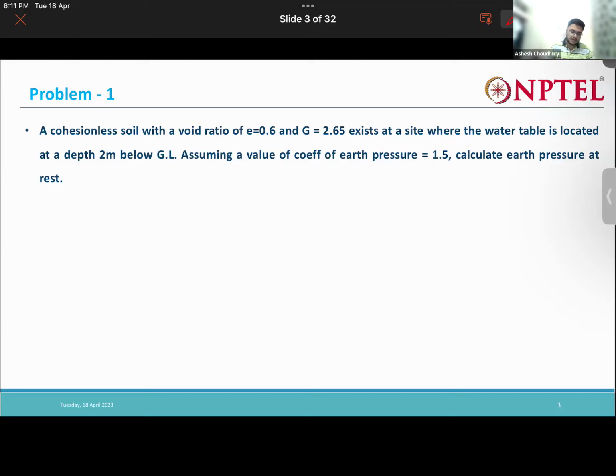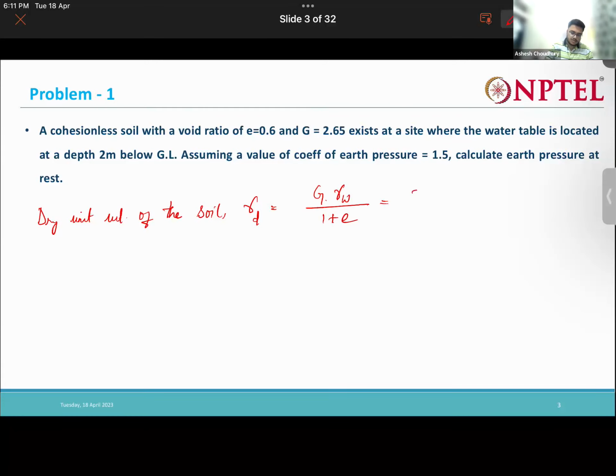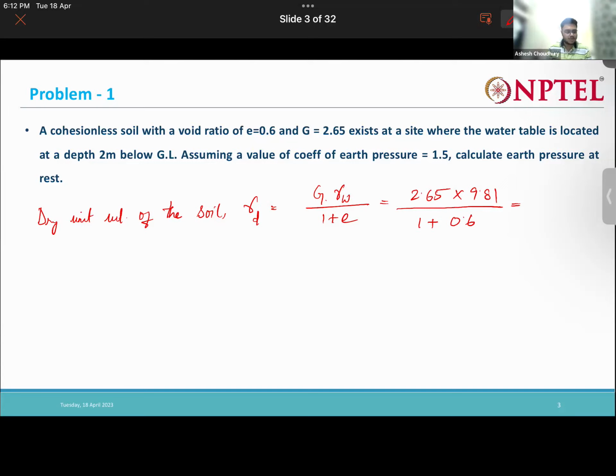First, let us calculate the dry unit weight. What is the formula for dry unit weight? G into gamma W upon 1 plus 0.6. So please calculate this one, the dry unit weight, and let us see how much it is coming.